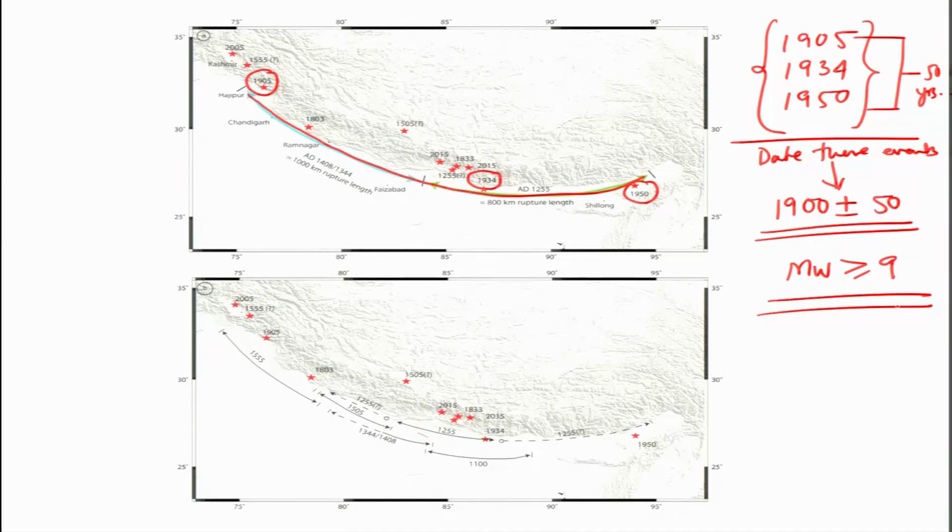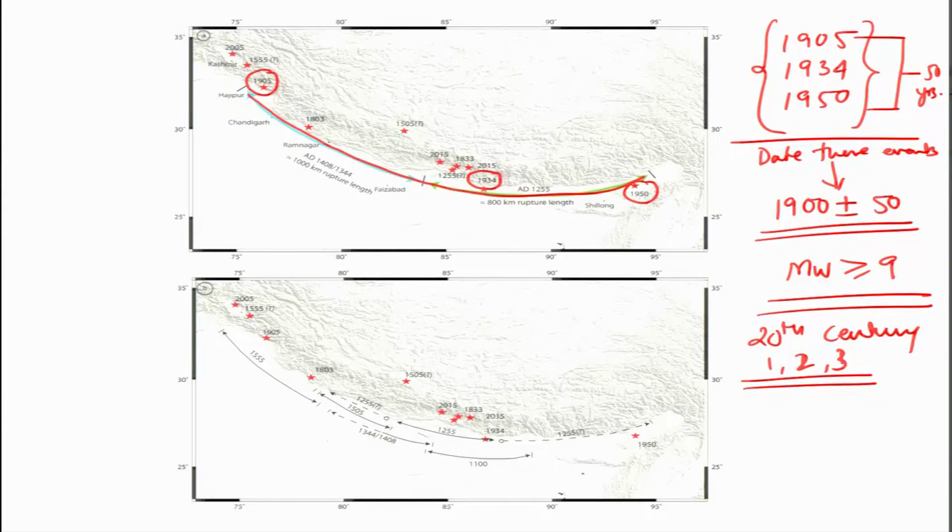But this was not true, which we experienced in the 20th century. There were 3 earthquakes which occurred at different points of time and ruptured different portions.